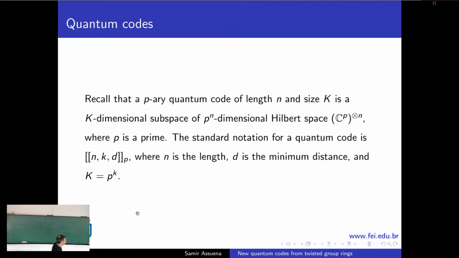A quantum code is just a subspace of this n-dimensional Hilbert space, and we denote quantum codes using this notation.